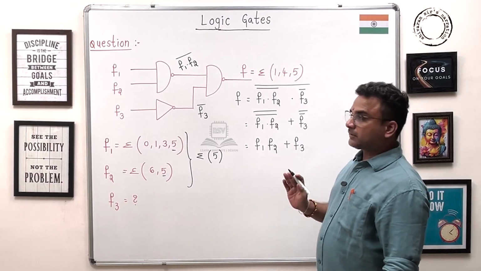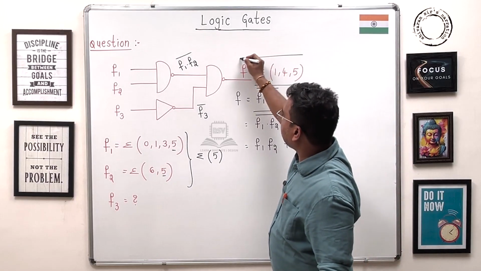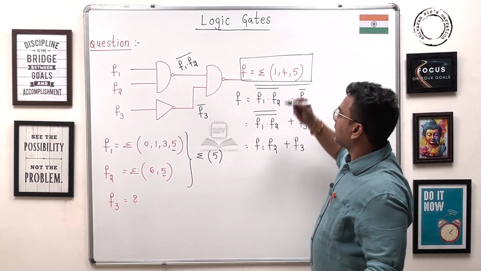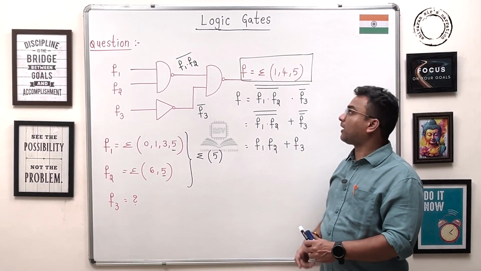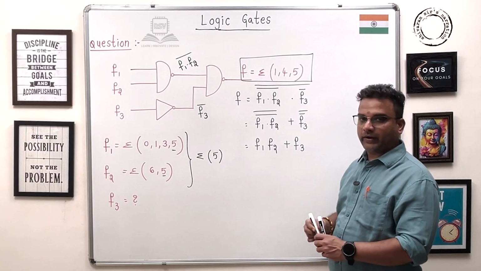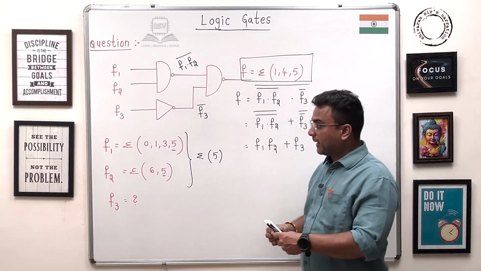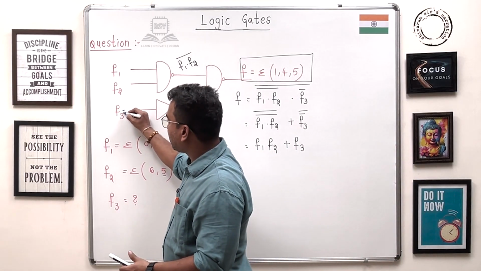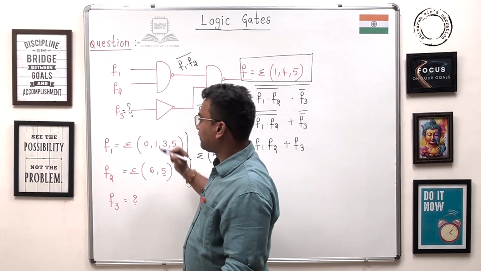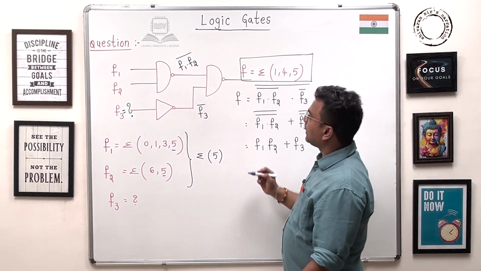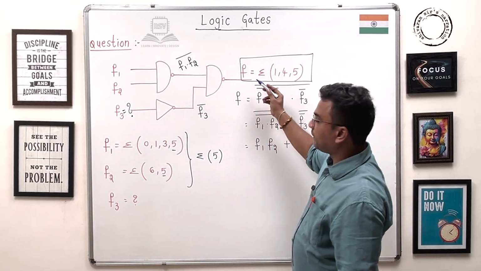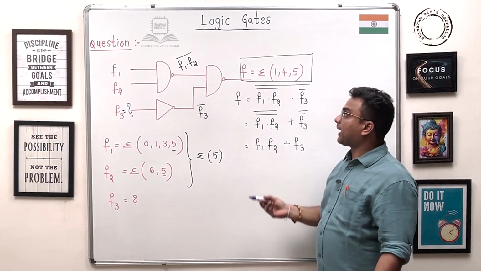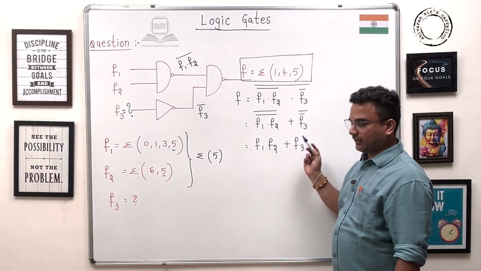And the output function is also given, that is F = sigma of 1, 4, 5. Then what might be F3? Therefore we have the output expression in terms of minterms as 1, 4, 5.